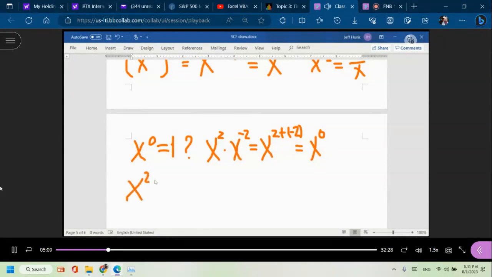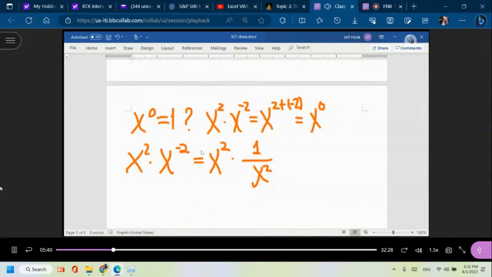We have x squared times x to the negative 2, which is x squared times 1 over x squared. Using this rule, what is this? They cancel out, so this is 1. Makes sense? Therefore, x raised to 0 is 1. Anything raised to 0 is 1.